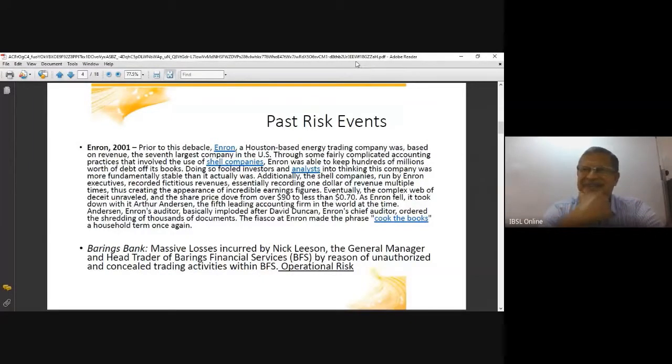That means losses were amounting to more than the capital of this particular bank. And generally, if you have losses more than your equity, the bank will have to declare bankruptcy.